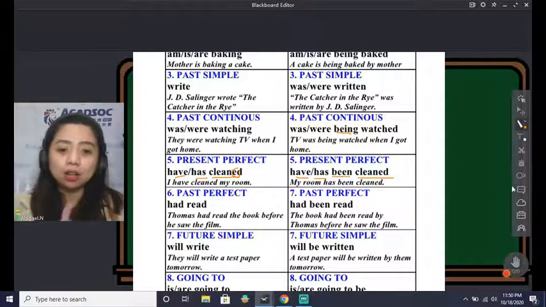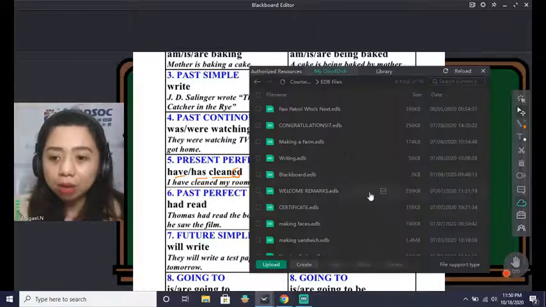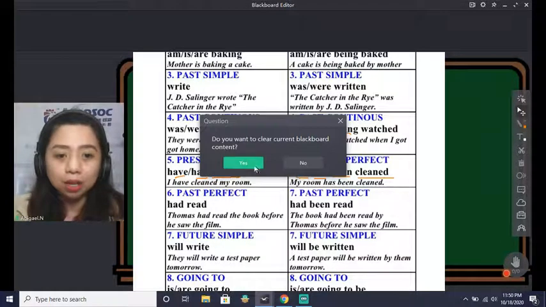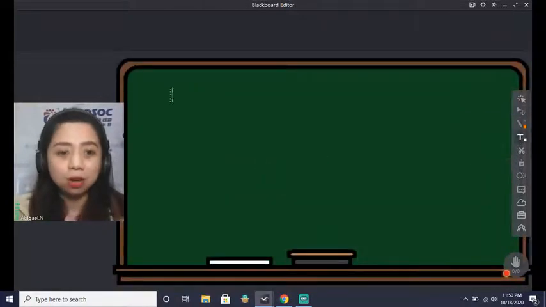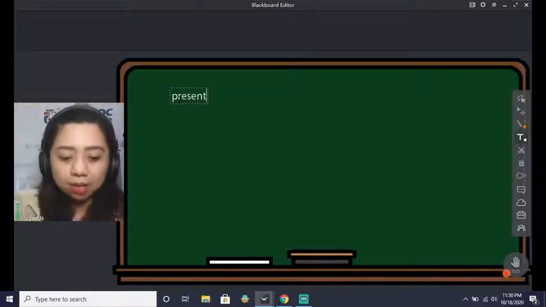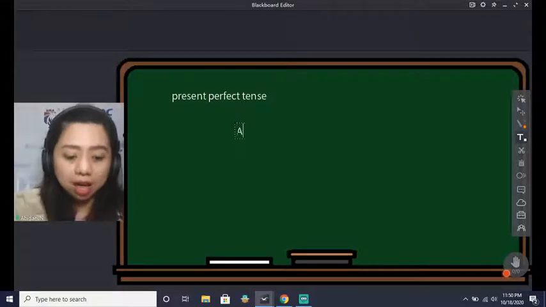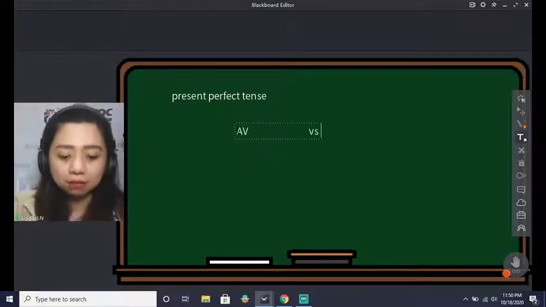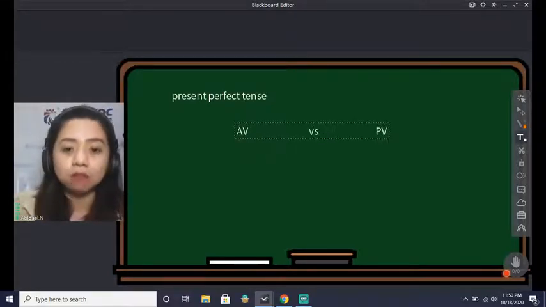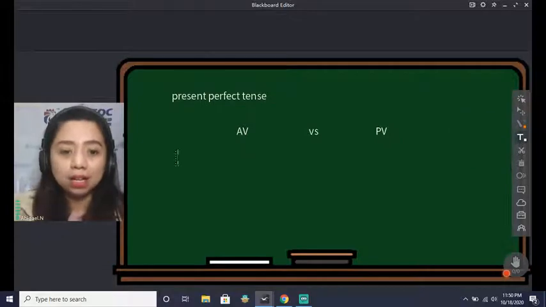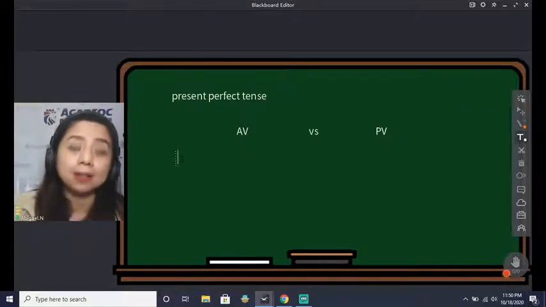So let's try to make our own example. Present perfect tense. Active voice versus passive voice. Let's make a sentence.